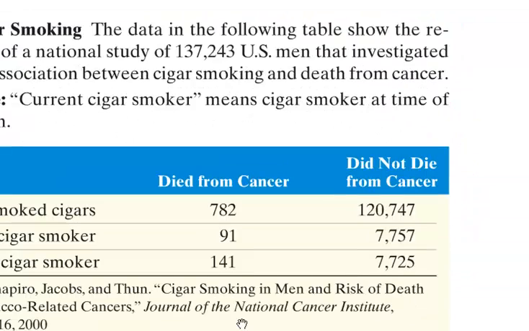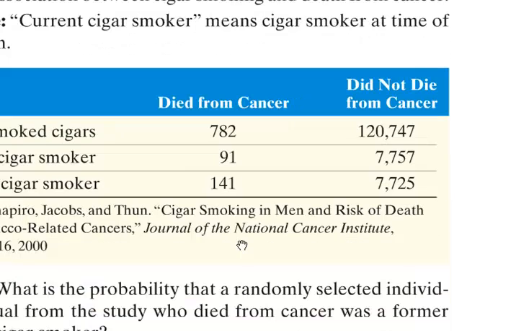Okay, cigar smoking. The data in the following table show the results of a national study of 137,243 U.S. men that investigated the association between cigar smoking and death from cancer. So there's our table. What is the probability that a randomly selected individual from the study who died from cancer was a former smoker?